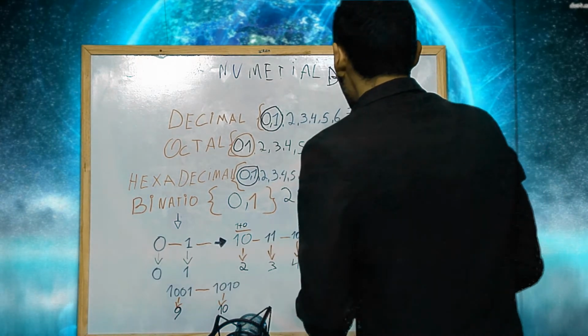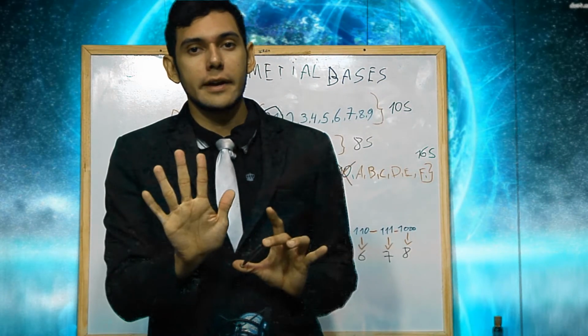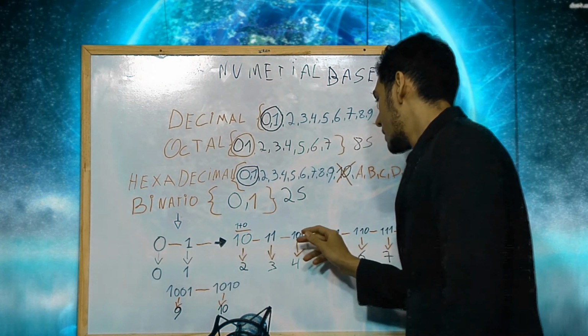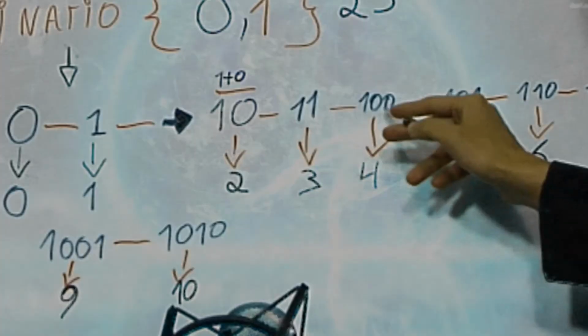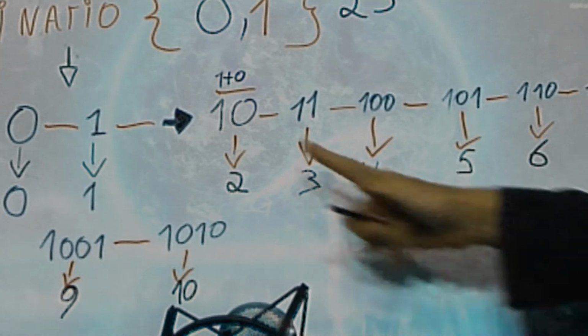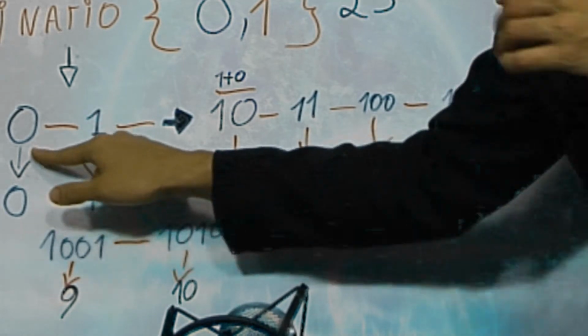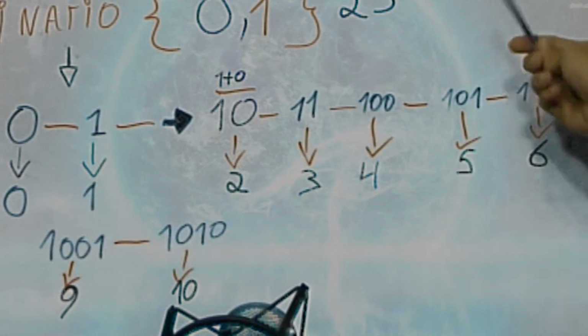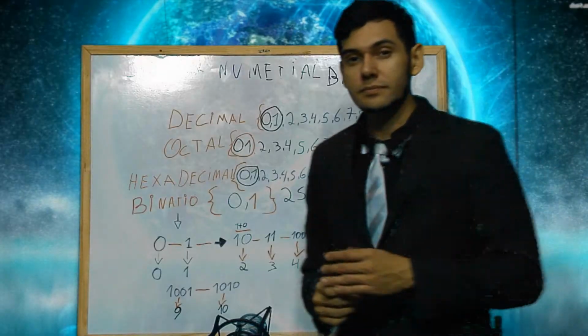So now we're going for the number 5. To get to number 5, we get the next repetition here on the last unity, like we do on any other of those, is going to be 1. After 0, it is 1. So we have 101, and 101 means 5.